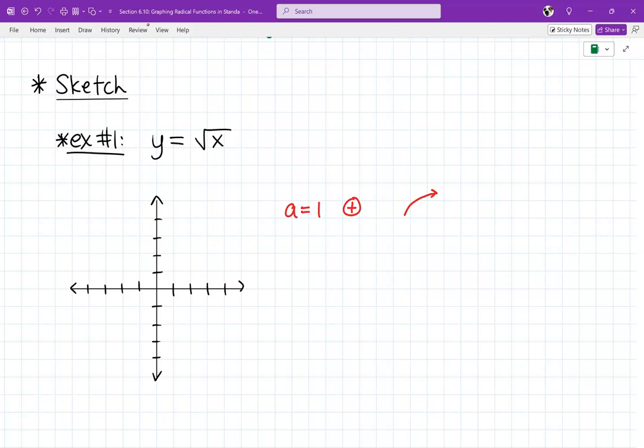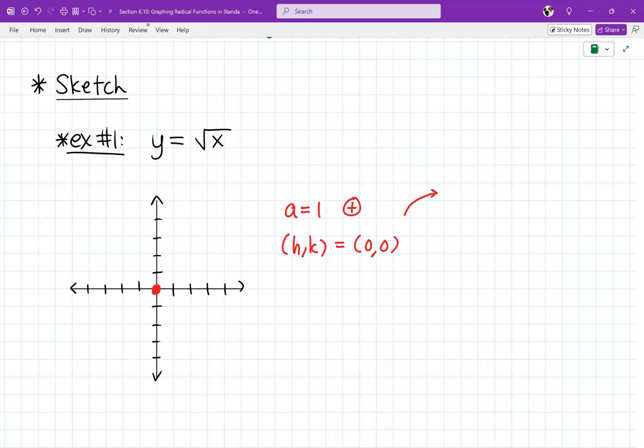No, so that means it's (0, 0). So here we go. Graph your (h, k). That's right here, (0, 0). I know the graph is going to go like that, but I need a little bit more direction.